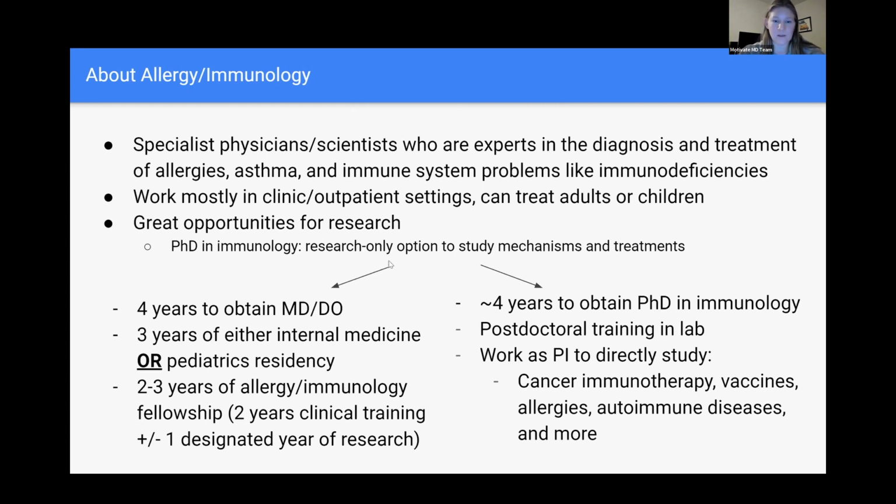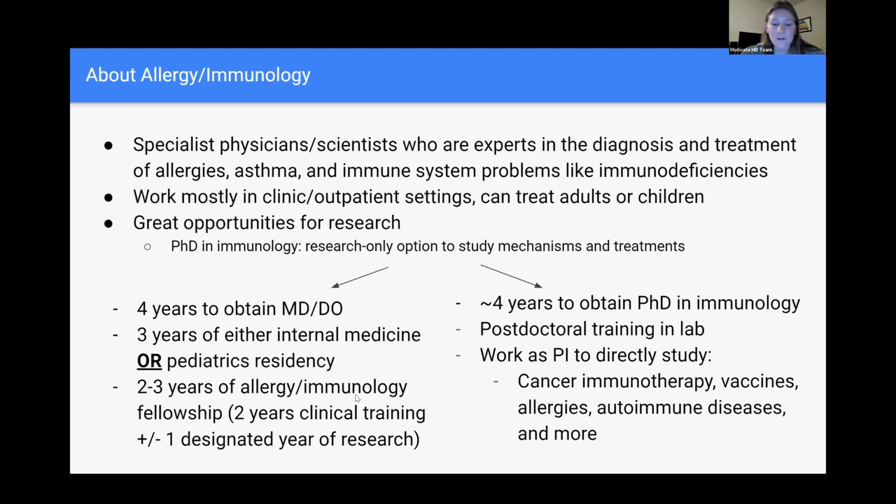You can take a path where you practice clinical medicine: you get your MD or DO, do 3 years of residency in either internal medicine or pediatrics, and then your fellowship training in allergy and immunology has both a clinical component, with subspecialty clinical experience in that field, and usually an extensive research project as part of that training. Sometimes you can even do an entire designated year of research as part of your fellowship.